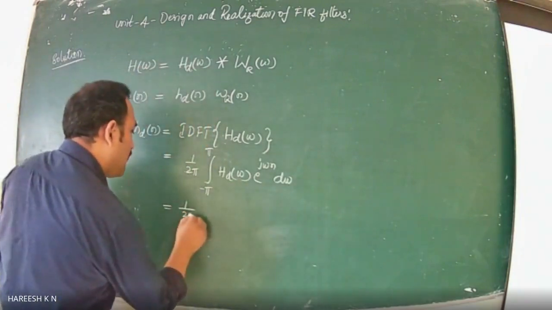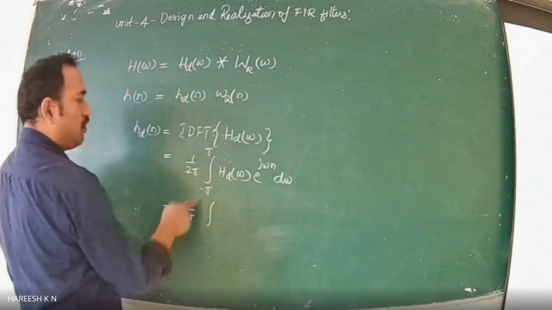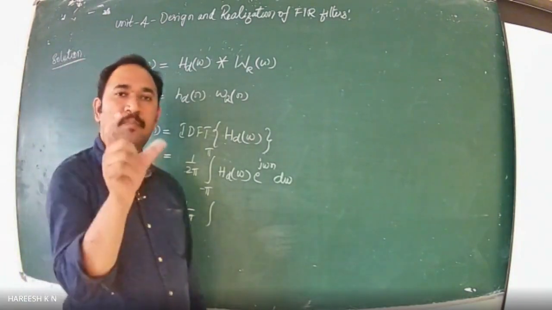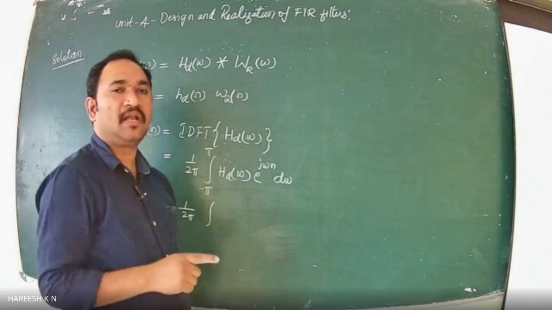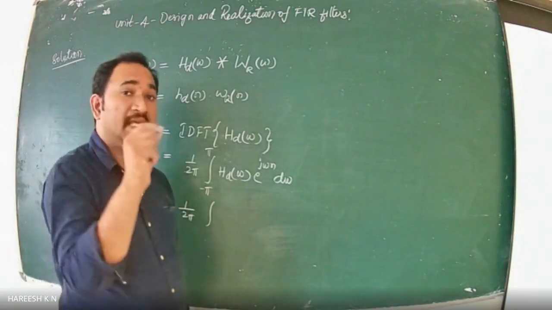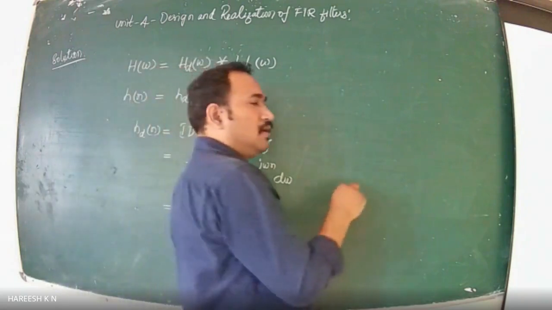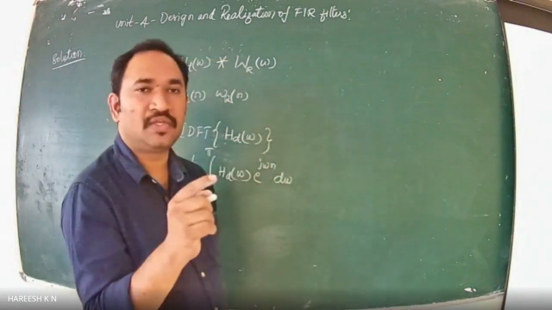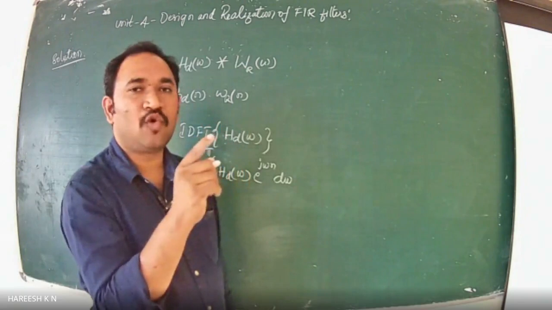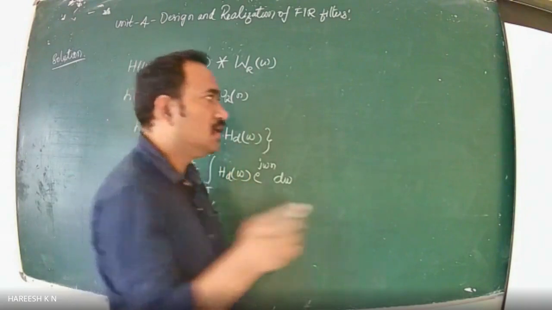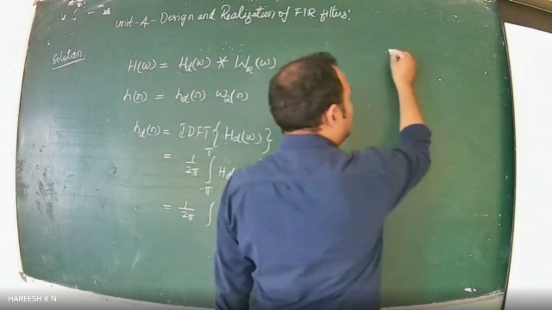It is equal to 1 divided by 2 pi integration. Now from minus pi to pi is the range for one period. Within that particular period, Hd of omega is defined from where to where? For the magnitude of omega less than pi by 4, isn't it?